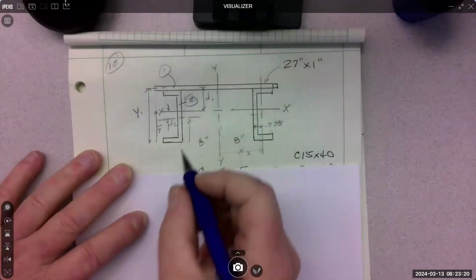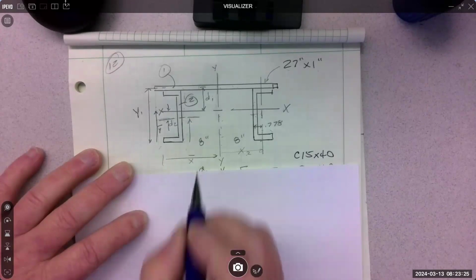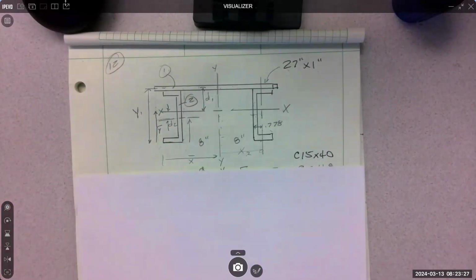All right, so we don't have to calculate X bar. We know where it's at. They give us the location, 8 inches.